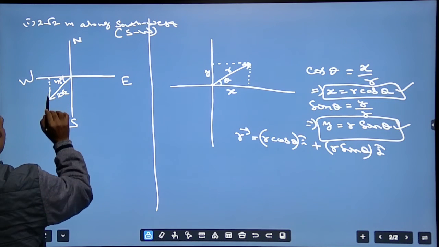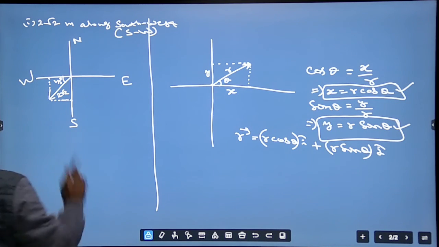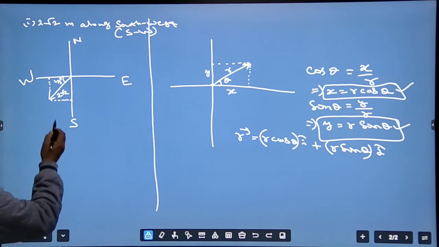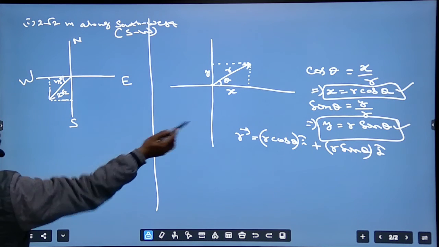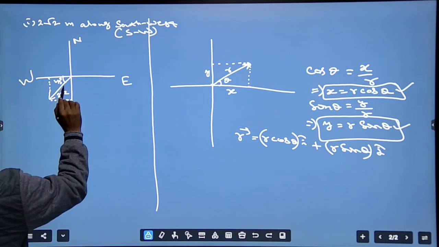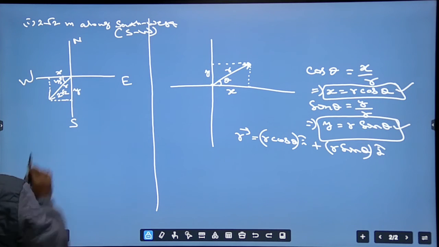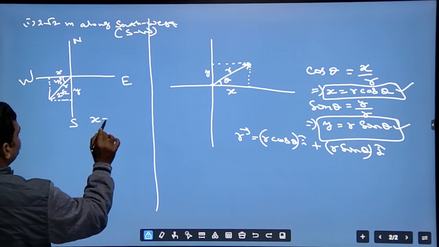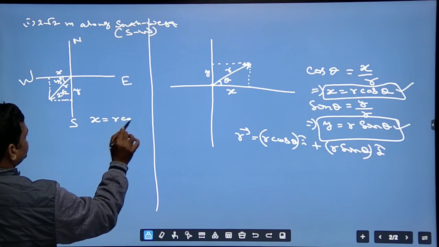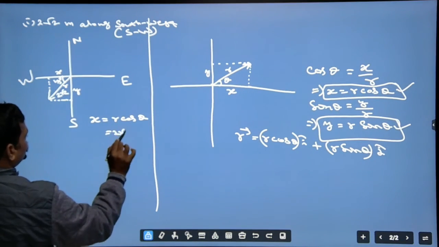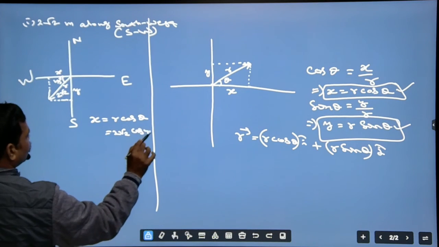Now we will represent this vector in terms of its rectangular components. As we have already discussed, this is your vector r, this is your x component, this is your y component. So x will be equal to r cos theta, that means 2√2 cos 45 degree.